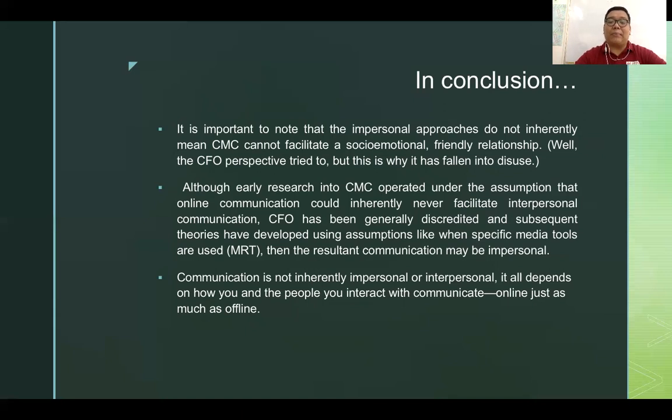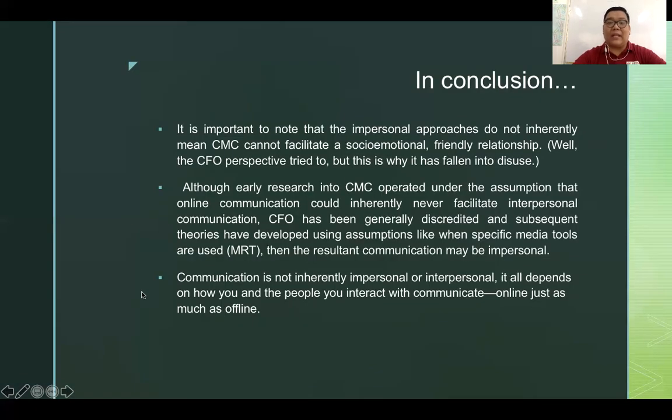Communication is not inherently impersonal or interpersonal. It highly depends on how you and the people you interact with communicate, online just as much as offline. So we cannot automatically say this is impersonal or this is interpersonal. We also need to understand the type of message, the context, and the presence of different cues in the communicative event.